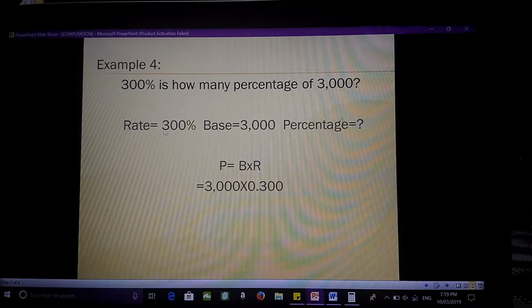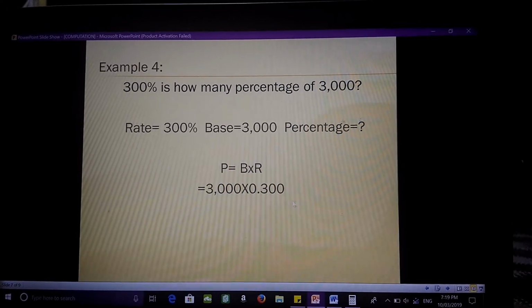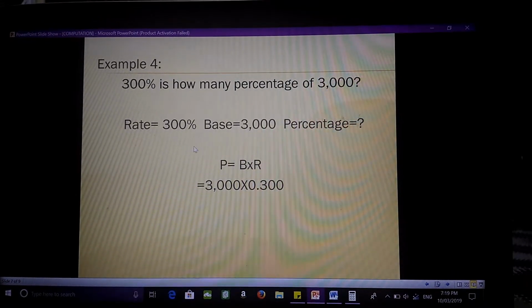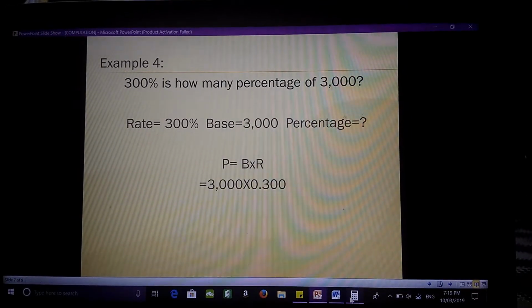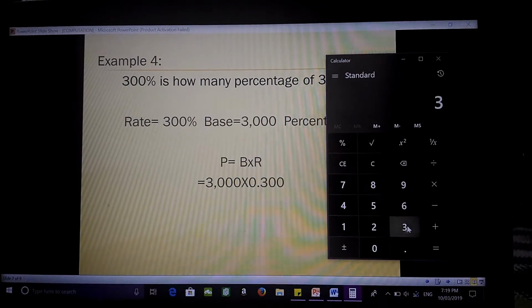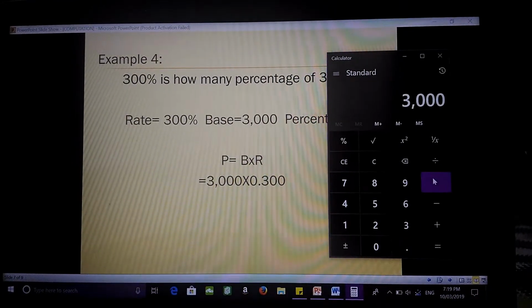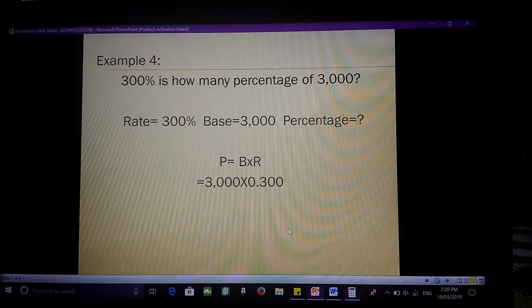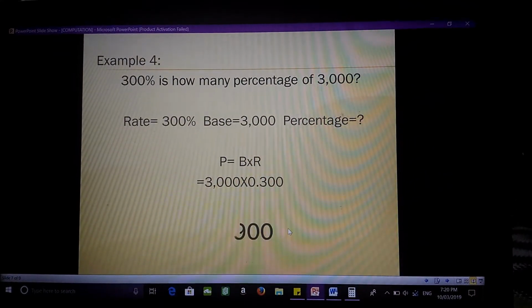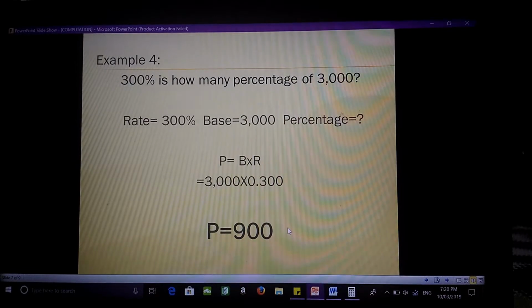Again, you have to convert this percent to decimal. That's why the 300 became 0.300. So 3,000 multiplied by 0.300 is equal to 900. So the percentage is 900.